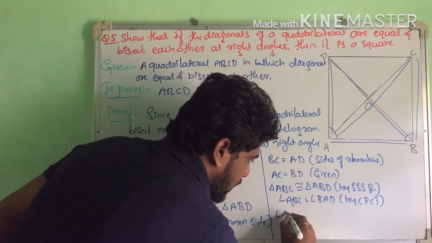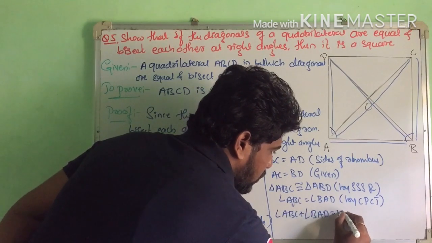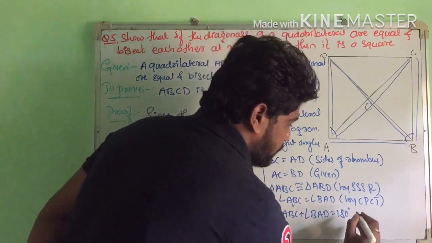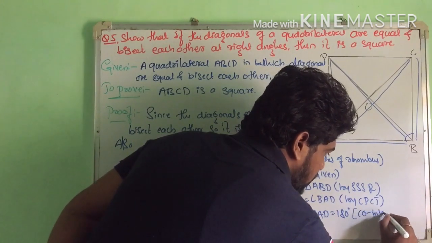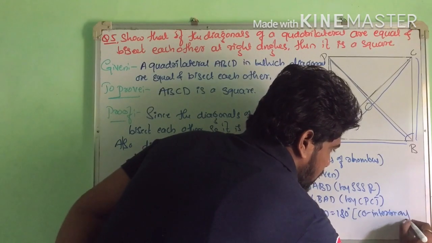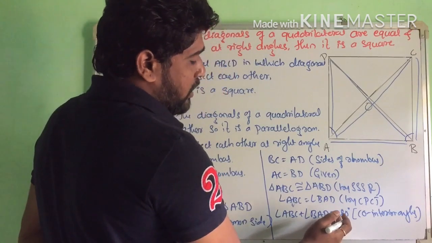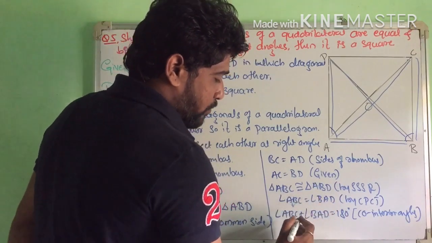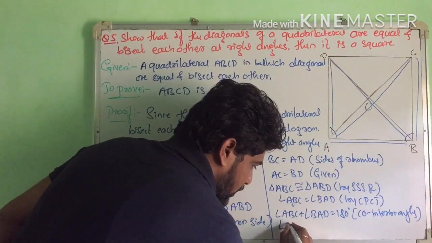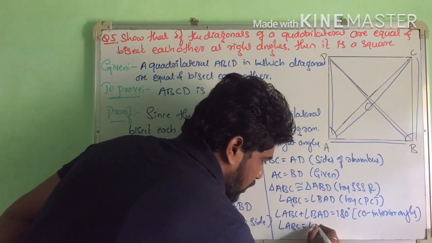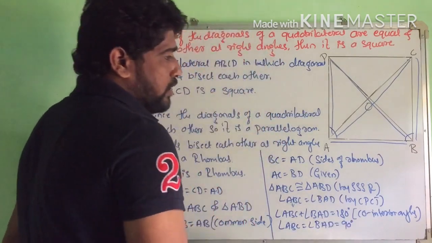So angle ABC plus angle BAD is equal to 180 degrees, and these two angles are equal. It means these angles are 90 each. The angle ABC is equal to angle BAD is equal to 90 degrees.